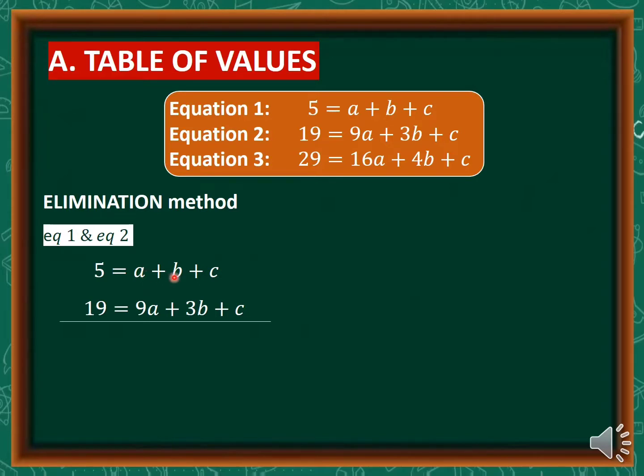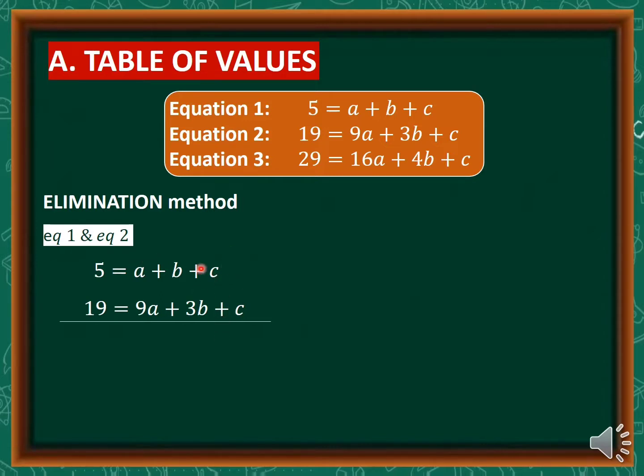We have A, B, and C. So, mamimili kayo dyan kahit alin yung gusto nyong ma-eliminate. In this case, I will choose to eliminate first the value of C. Bakit? Mas madali kasi siyang matanggal. Why? Kasi all we need to do is to make it negative. Kapag negative na, negative C at saka positive C, pwede na natin siyang makancel, right?